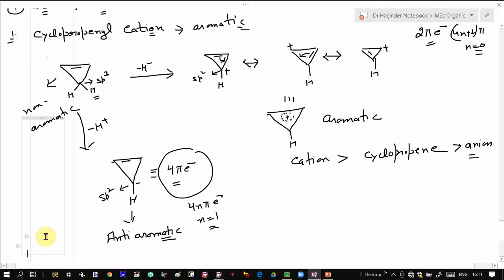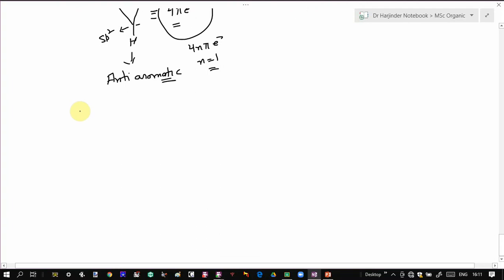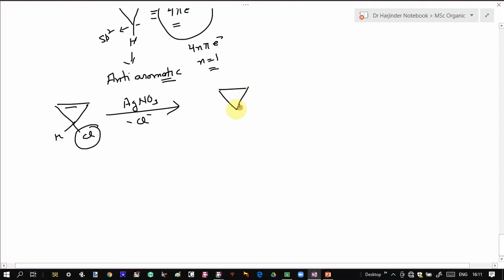For example, suppose you have a chlorocyclopropene, this one. If you treat it with silver nitrate, what will happen? The silver will quickly take this chloride as a Cl negative ion to form the cation, which is aromatic.